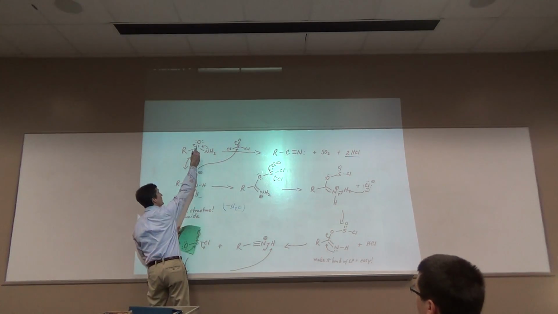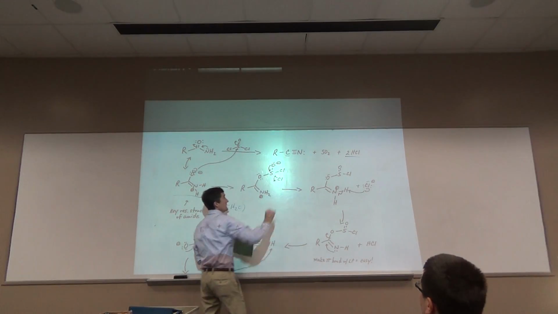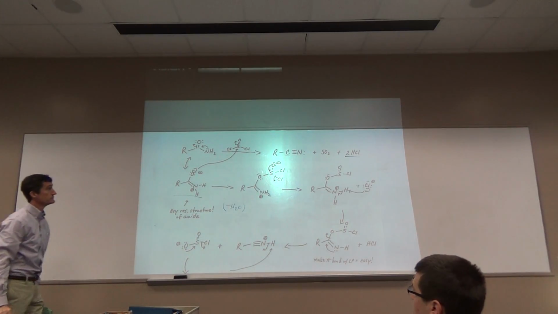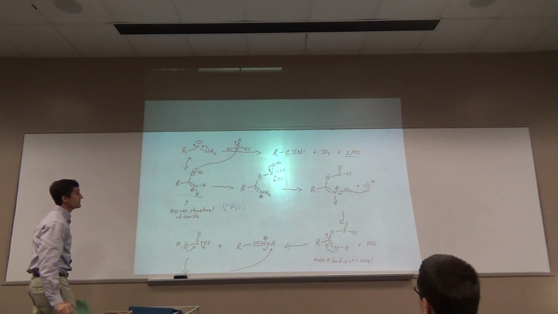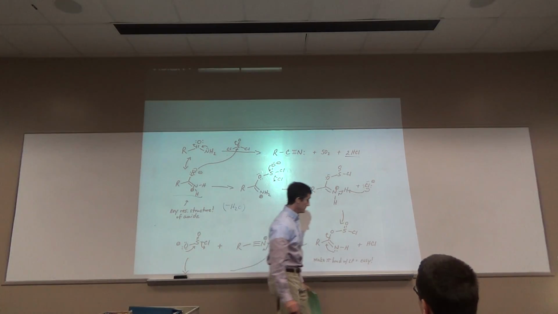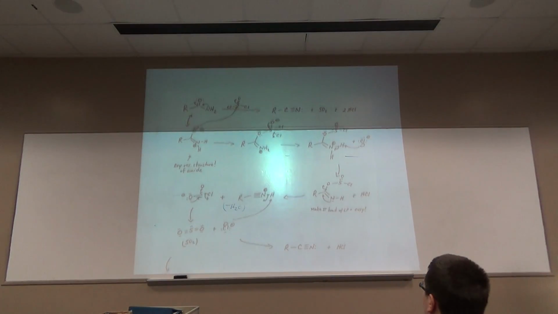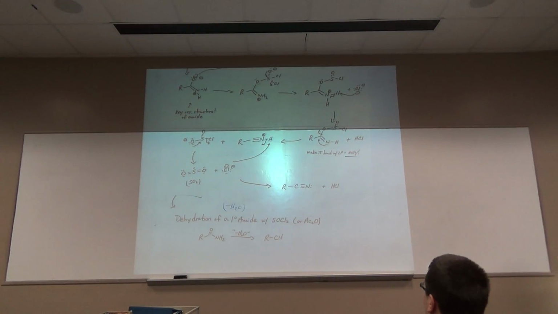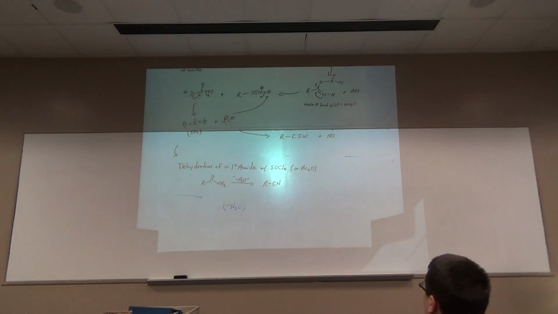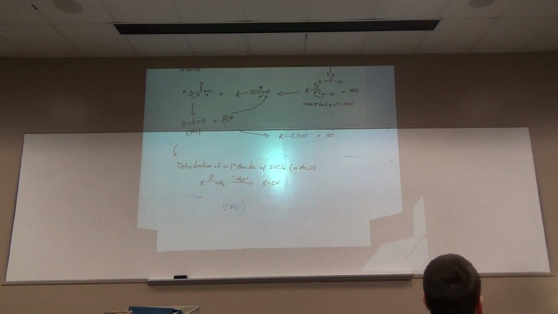And so the carbonyl carbon, it used to be there. Any questions about this mechanism? So we're essentially dehydrating the primary amide to the nitrile. This is a way to make nitriles.